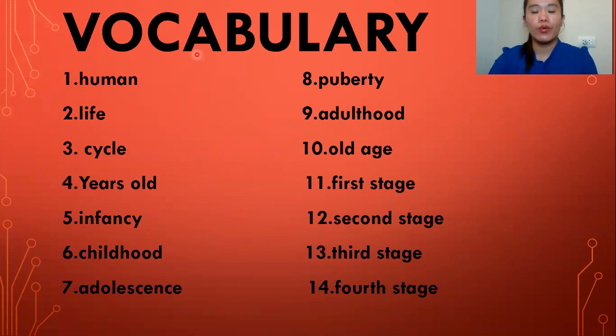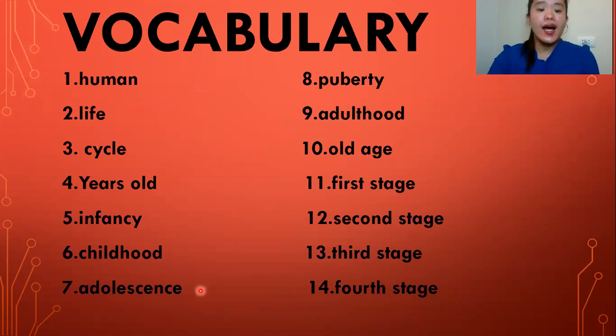So let's go to our vocabulary. Now listen to the teacher carefully and repeat after. Number 1, human. Can you see the red pointer on the screen? Good. Number 2, life. Number 3, cycle. Number 4, years old. Number 5, infancy. 6, childhood.